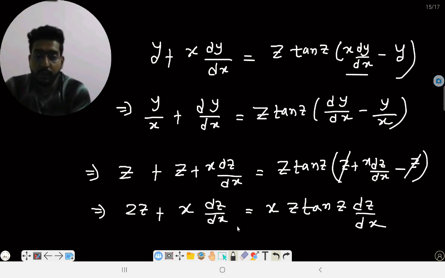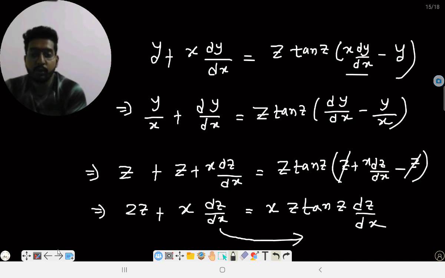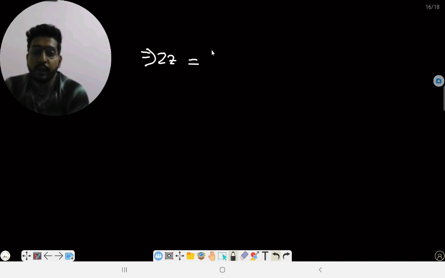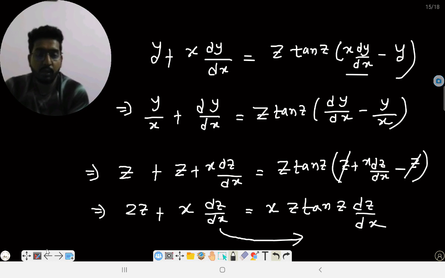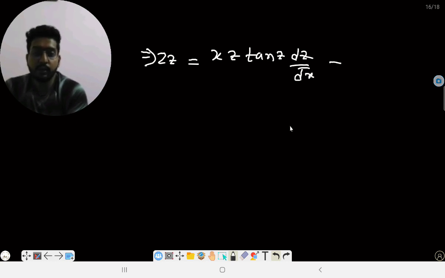Now here there are two dz/dx. Okay, now if it goes there, it will become like this: 2z equals x z tan z dz/dx minus x dz/dx.